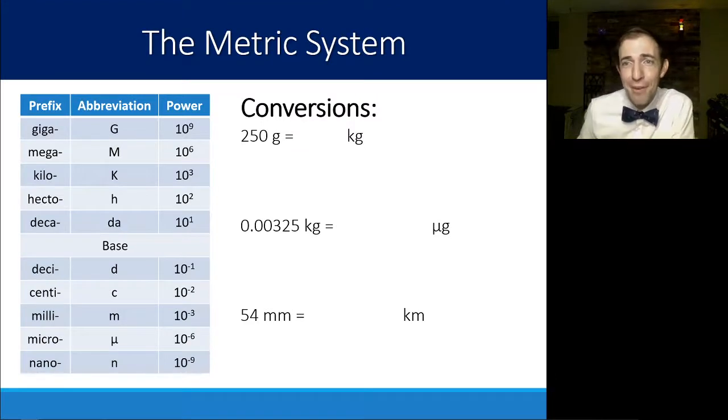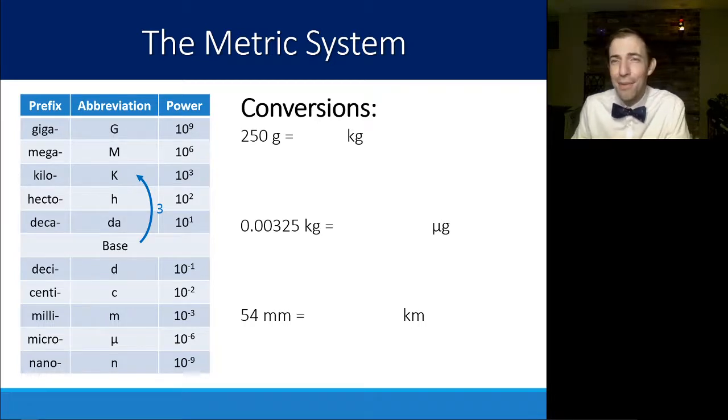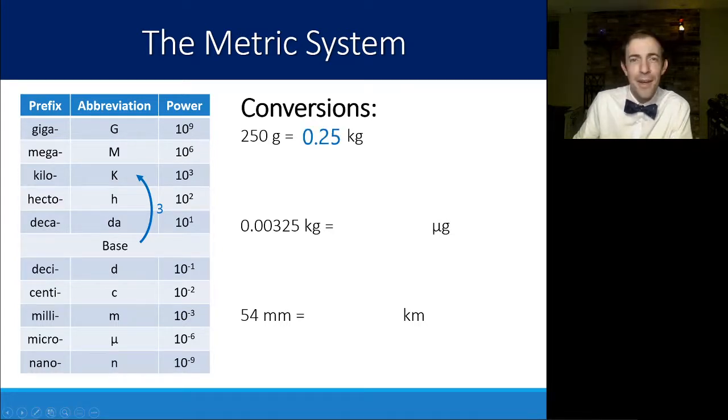So here's some example conversions just to show you how this might work out and some things that are a little bit more common. If I wanted to go grams to kilograms, I find grams, my base unit, to kilograms is going to be moving 3 places. And kilograms is a really big amount of mass versus grams. So I'm going to be moving that 3 places to the left, to turn 250 grams into 0.25 kilograms.